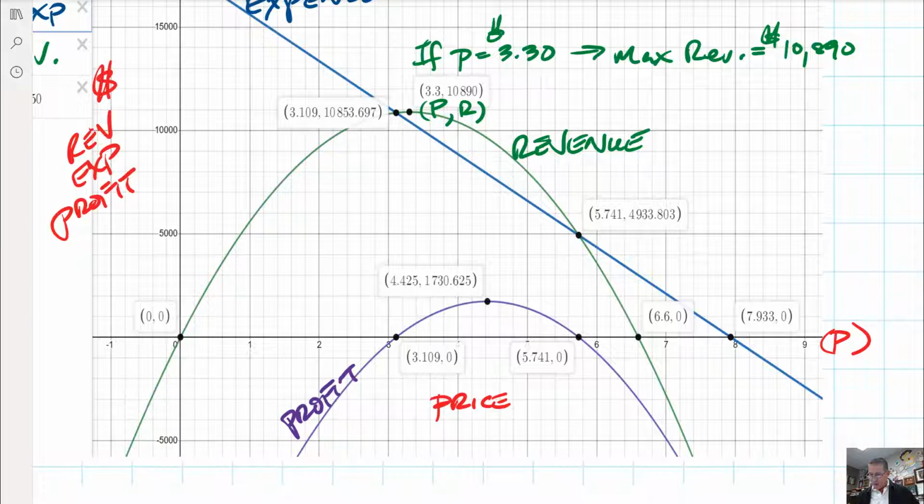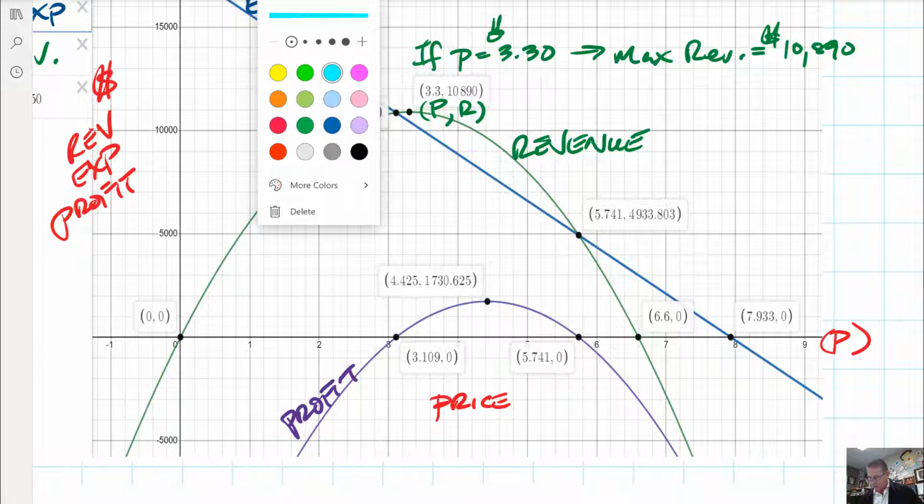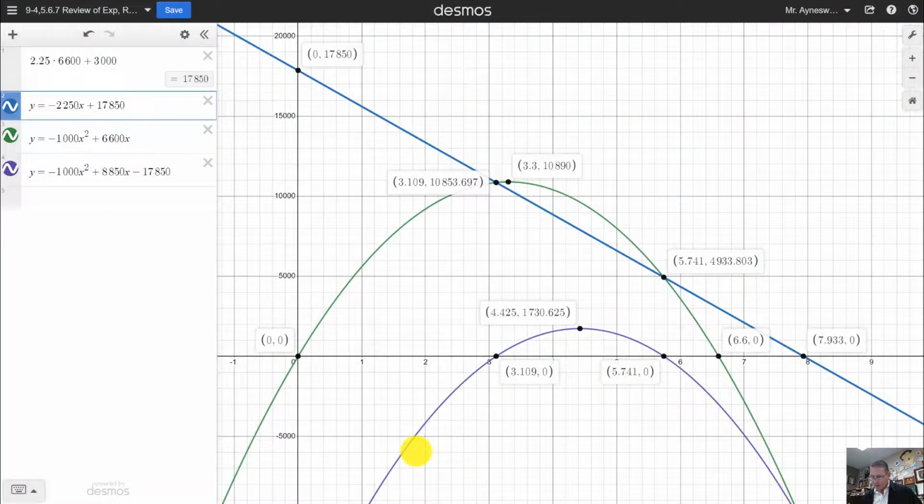The only place where the company profits is between the break-even points. I should have done that in Desmos. Let me go back to Desmos real quick. I forgot to do that.